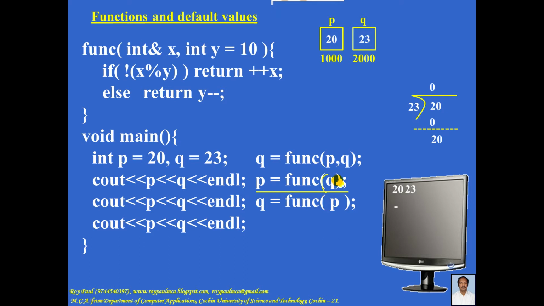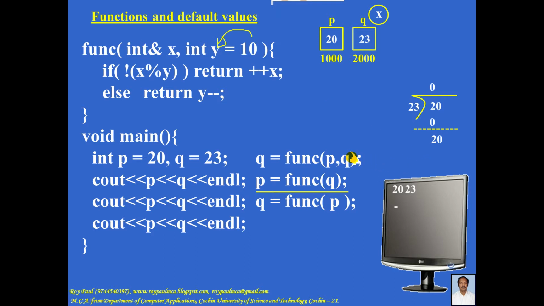Again this symbol is there, meaning function. On encountering a function call, finally control reaches the point where the function is defined. The first argument is passed to first parameter. Here the ampersand sign is there, so x is another name for q. So this q gets one more name, x. The second argument is not given, so the default value 10 comes in variable y.